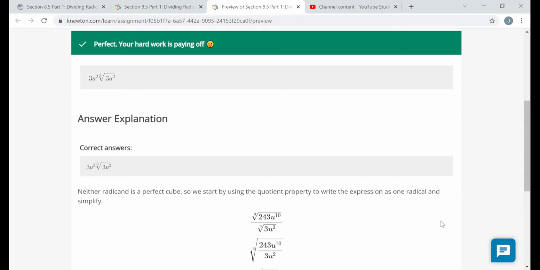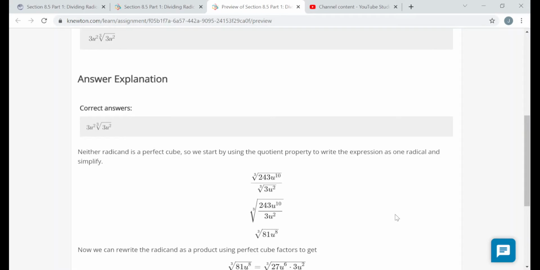Or maybe they're doing it in a way that's alternate to what you're doing, and maybe you like their way better, and you can do that for future questions. Now, if you got it wrong, definitely read the answer explanations. Try to figure out where you went wrong, why you got things wrong, and then hopefully you can learn from your mistakes and fix things in the future.